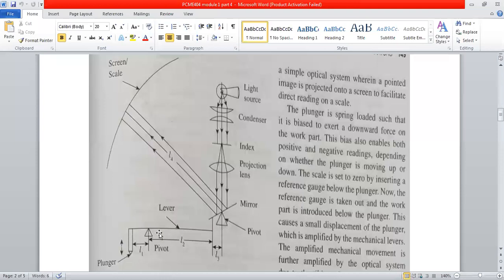When we push the plunger, this pivot will move. When the light source gives the projection through different condenser lenses and projection lens, the light is reflected by the mirror.